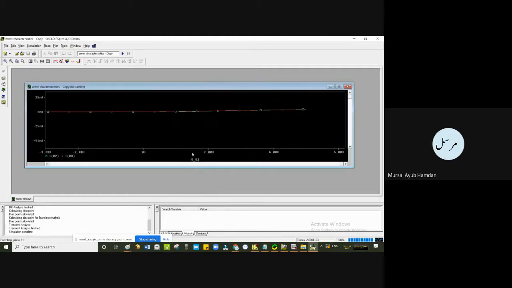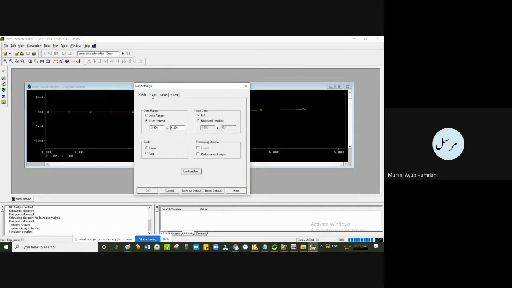Okay. X-axis is okay, Y is minus 10 to 14.